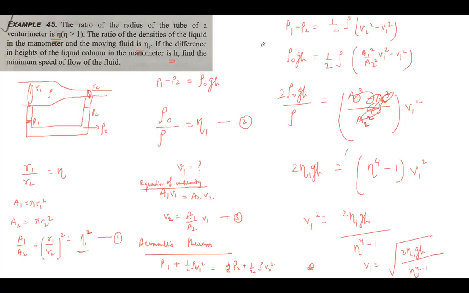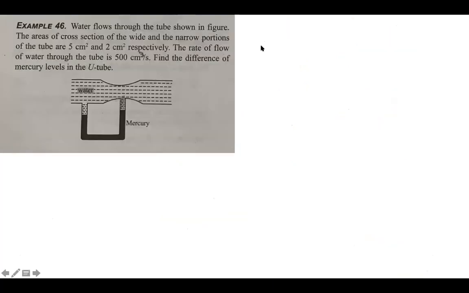I hope it is clear. Now the next question is similar. This is your homework. So you can do this question as homework. I'll give you the answer so that you can match it when you have solved it.